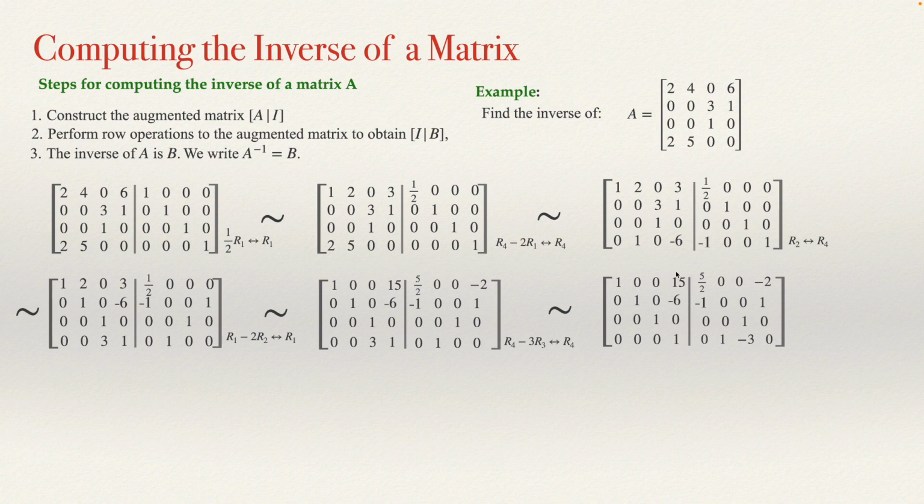This 15, how can I put a 0 here? The first row minus 15 times the fourth row. So we can actually make the 2 operations in just one. For row 1, I'm going to subtract 15 times R4. And for row 2, I'm going to make row 2 plus 6 times R4.